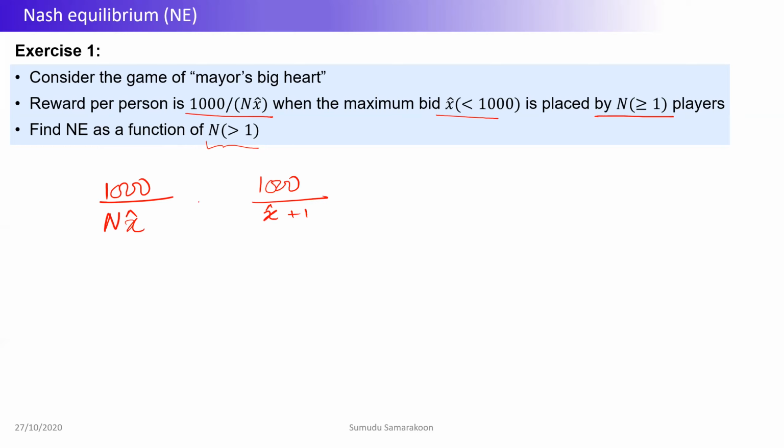In order to find the equilibrium, we have to consider these three cases: when sticking with x hat is beneficial, and when deviating from it is beneficial.